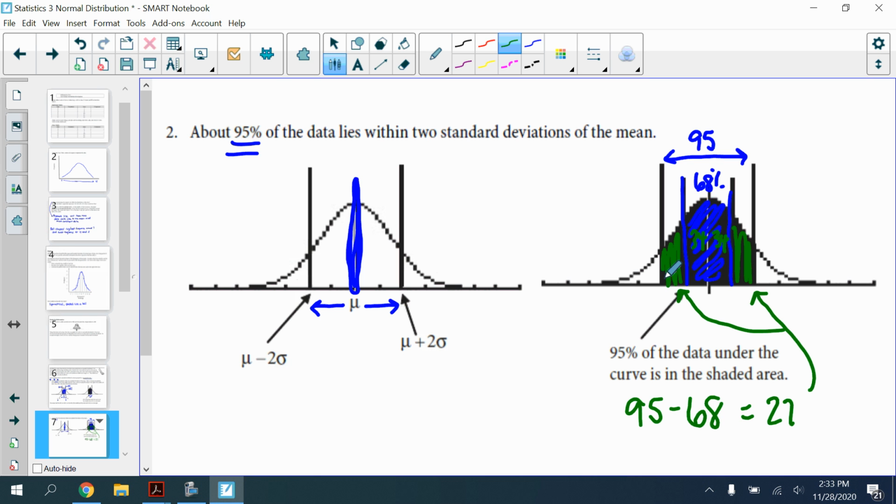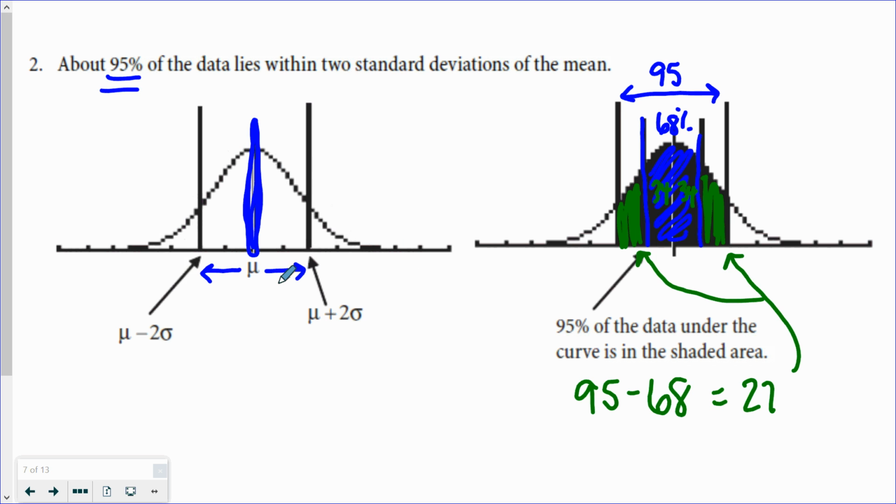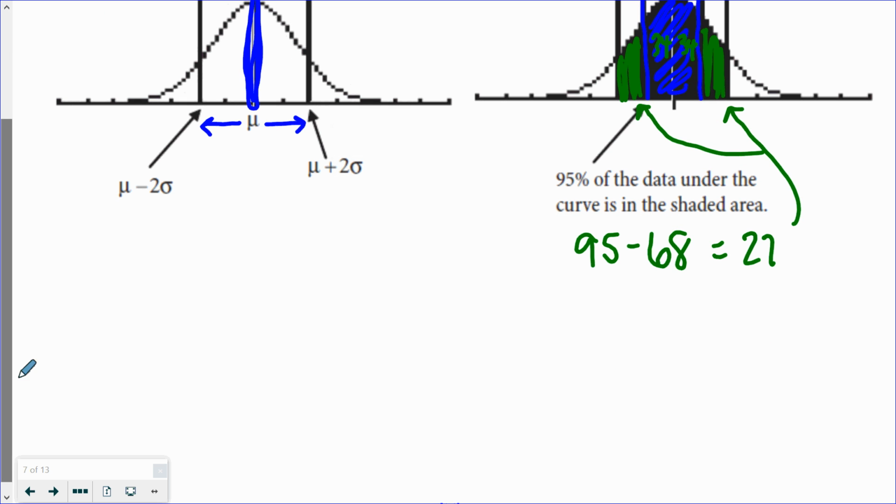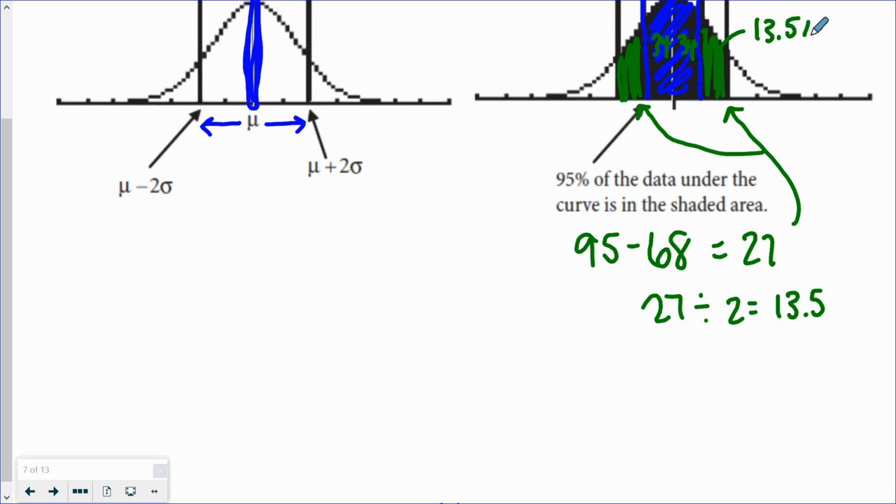So all together, this green area represents 27%, because 68 plus 27 is equal to 95. So we could actually figure out what each of those little green areas is. Trying to work on the tablet and the computer is too much for me. So if we did 27 divided by 2, that's 13.5. So each of those green areas represents 13.5% of the data.